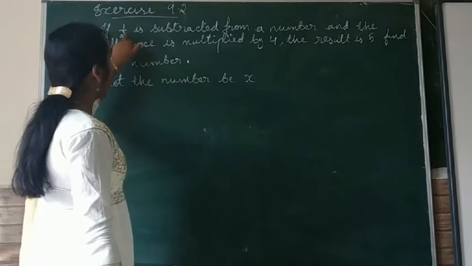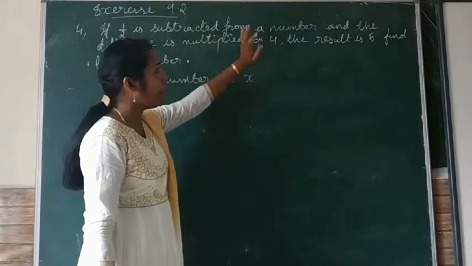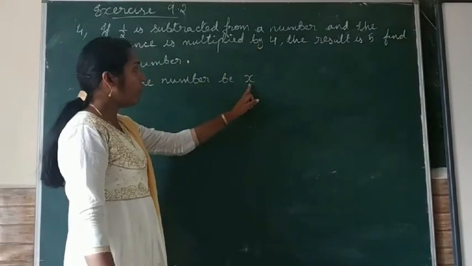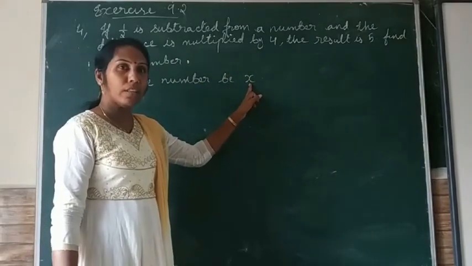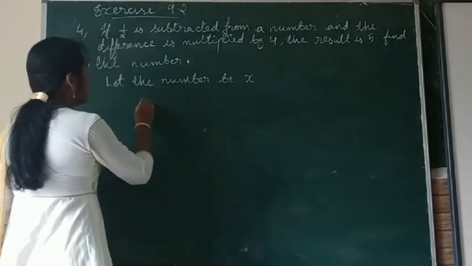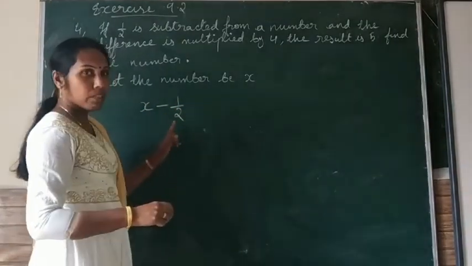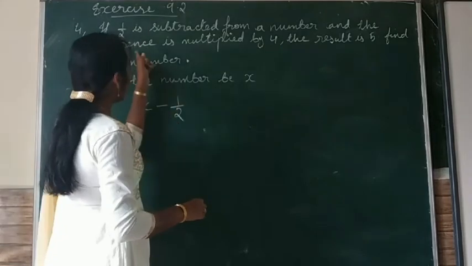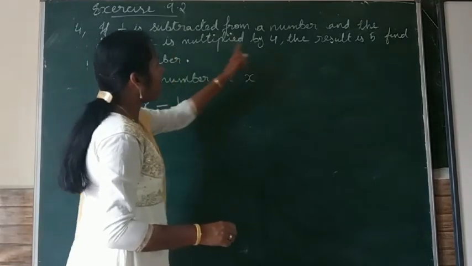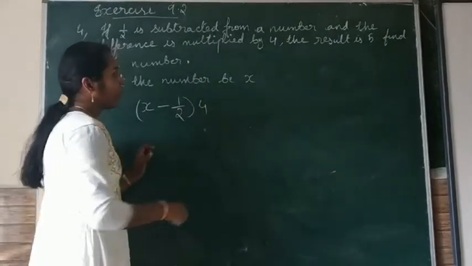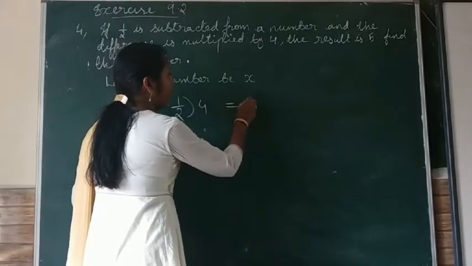Now, if 1 by 2 is subtracted from the number x, it is x minus 1 by 2. And then the difference is multiplied by 4. We have to multiply this difference by 4. The result is 5.